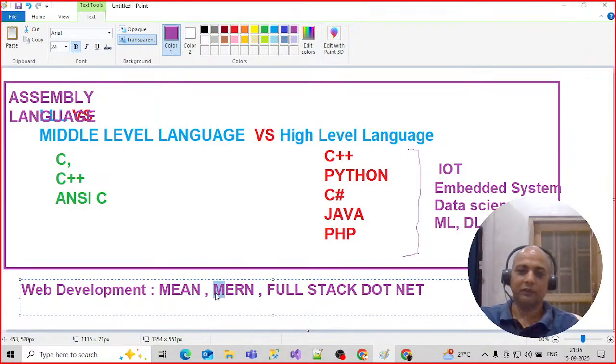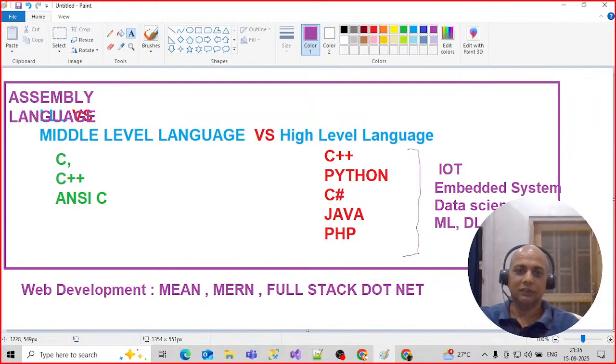Similarly, we have the MERN stack: Mongo, Express, React, Node. And for full stack we have .NET and Java, and using MEAN and MERN combinations. We have client side technologies that work on the browser, and server side technology that works on the machine. So this is the entire ecosystem.